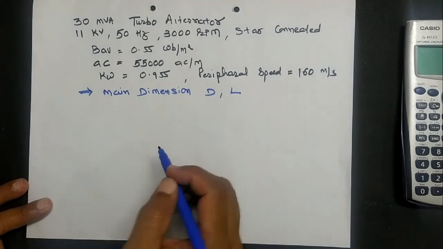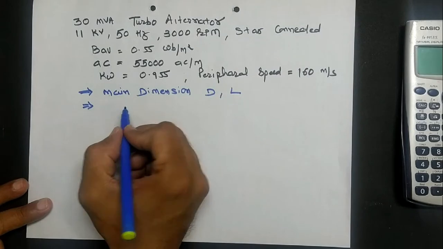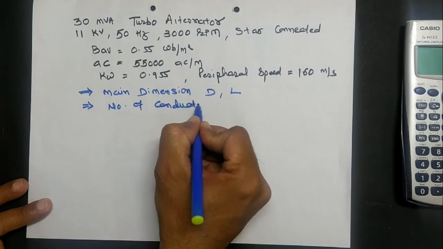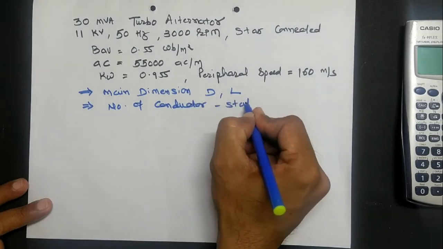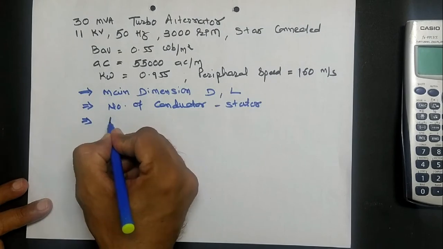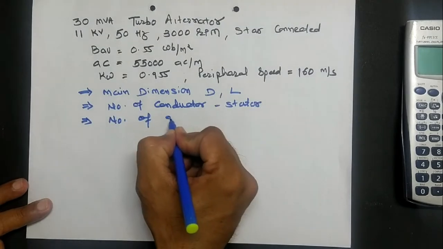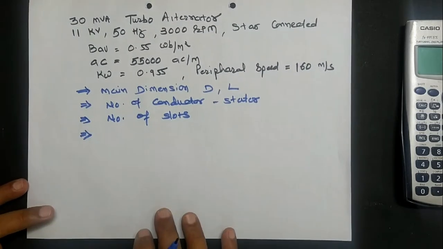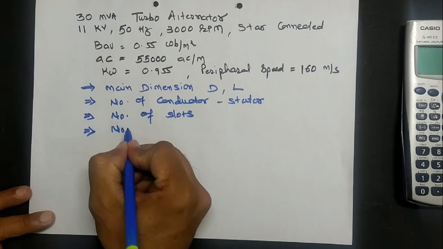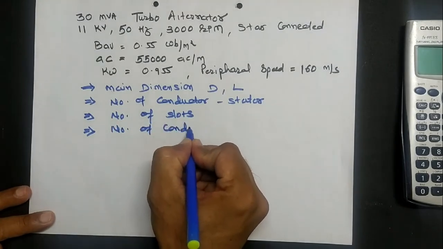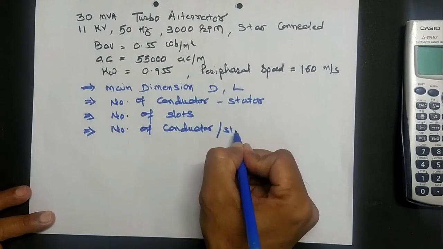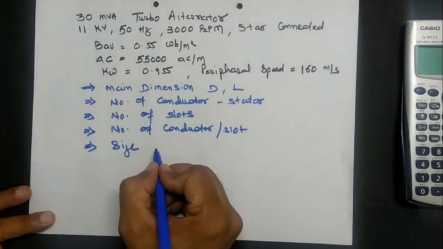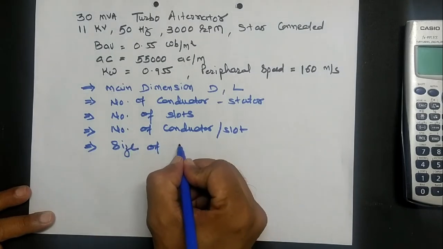Then number of conductor, we are doing stator design, so number of conductor of stator, then number of slots and number of conductor per slot, and size or area of conductor.